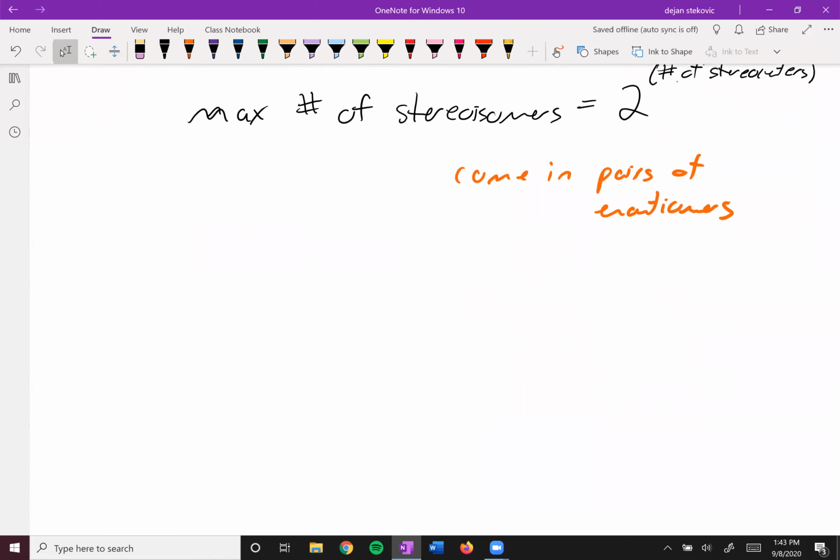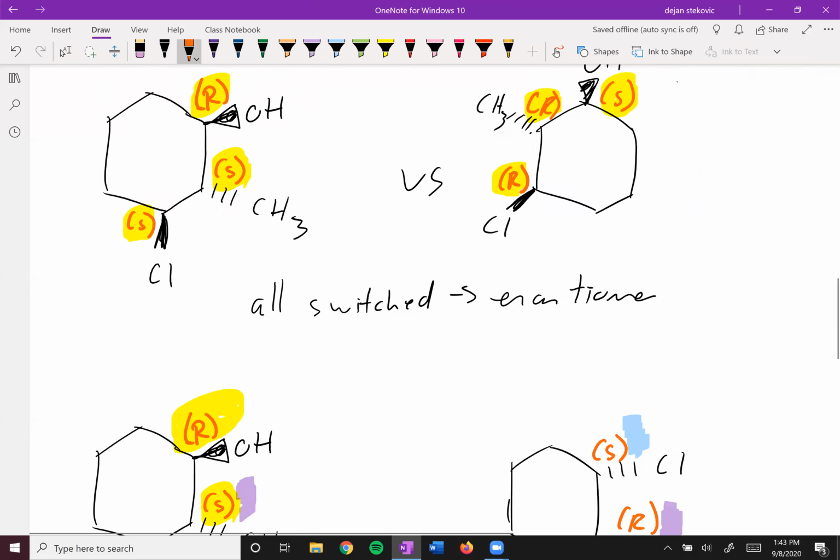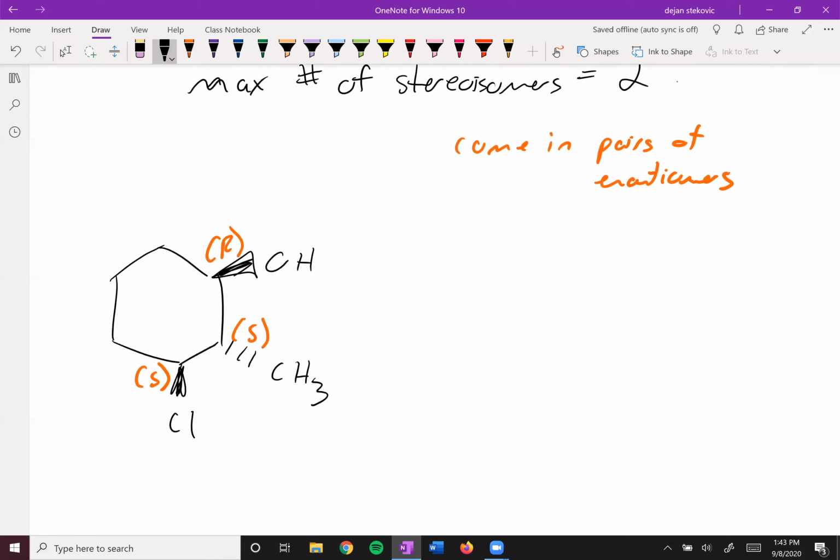Let's take a look at one more example. We'll again use the same molecule we've been using, right? So OH, CH3, Cl, and then R, S, S. And then I'll go ahead and draw another molecule right here.